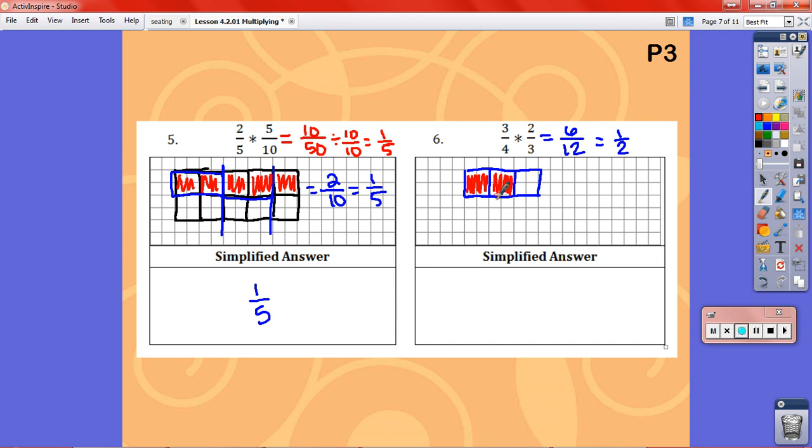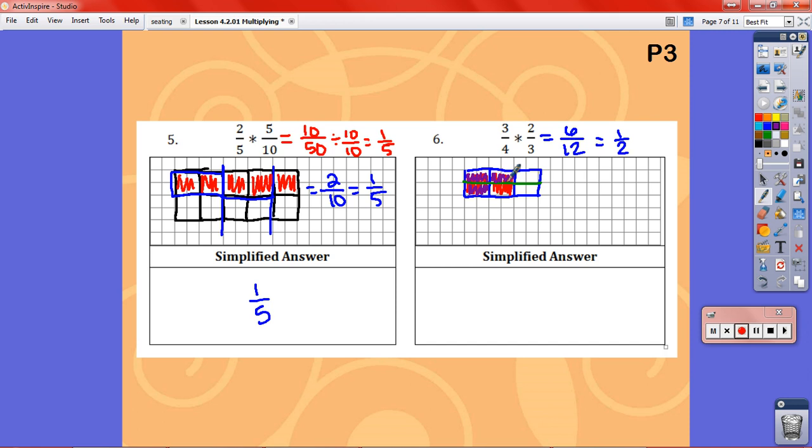Well, we don't have 4 pieces, we have 2 pieces, but if I chop this in half, and remember I have to chop all of the pieces in half, now I have 4 pieces. Okay? So I need 3 of the 4, so I need 1, 2, 3.